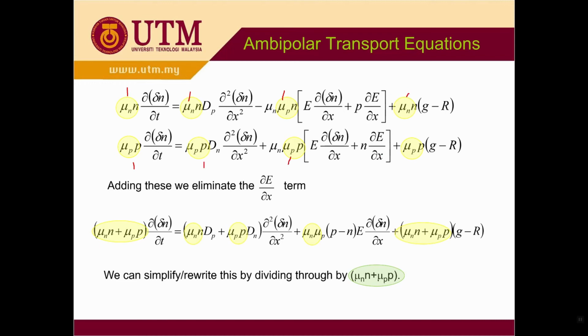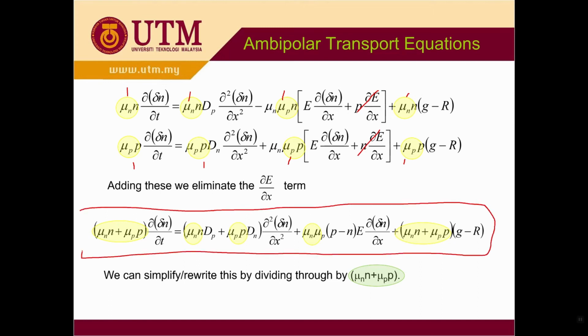After the multiplication, what you do next is add them together. When you add them together, you find that you can cancel the dE and dx terms. You cancel this, and you get this component here. Over here, there are no longer the dE and dx components. After you're done with that, you want to simplify this again.